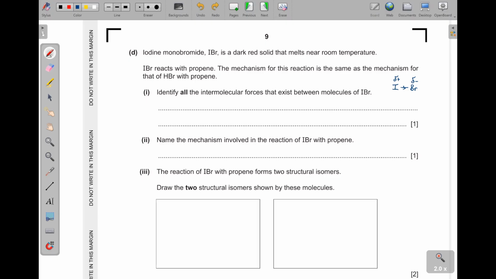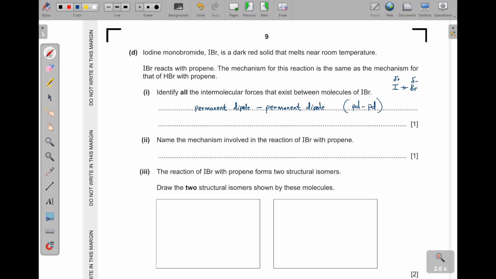So because it is polar, then we are going to have permanent dipoles. We actually say permanent dipole. Sometimes we say PD. Even this one is accepted if you do so.